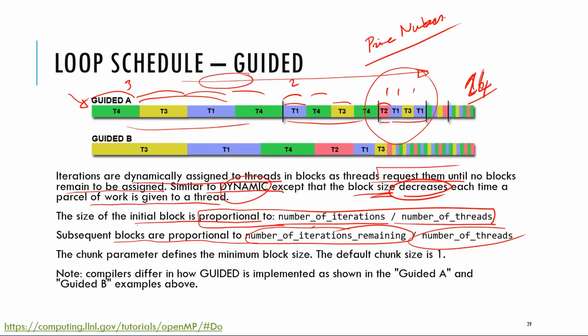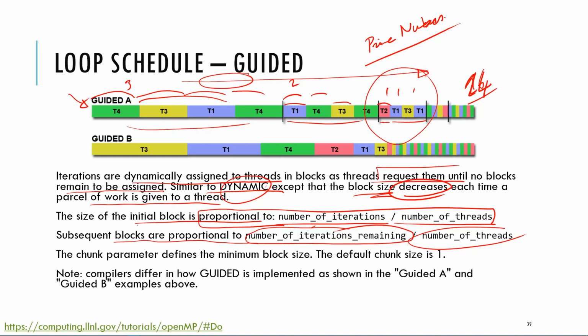So clearly all the threads would struggle towards the end of the loop. And this is why, to guarantee that all of them finish at almost the same time, it's better to decrease the chunks that are assigned to each one of these threads, and to give them smaller chunks towards the end of the for loop so that they finish together.